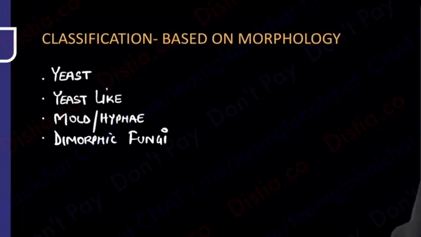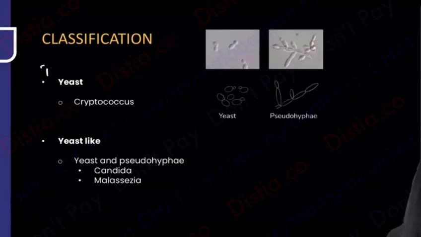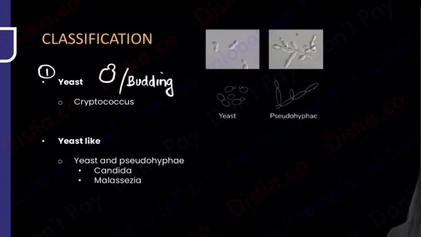So when I talk about yeast, the first one that I've put up in this category, do you know what you understand by yeast? I'll draw one organism over here and I'll show you a small little bud coming out of it. So in very simple words, please remember, yeast is nothing but the budding form. It's going to show you presence of buds. Apart from that, please remember, there is something known as the second one, that is yeast-like.